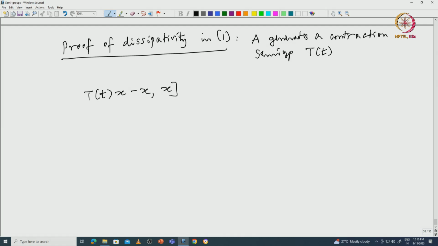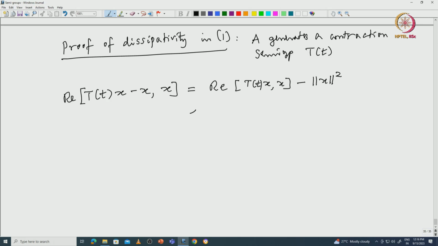You take the semi inner product and take the real part, using the property of the semi inner product. So, T_t x, x minus norm x squared.